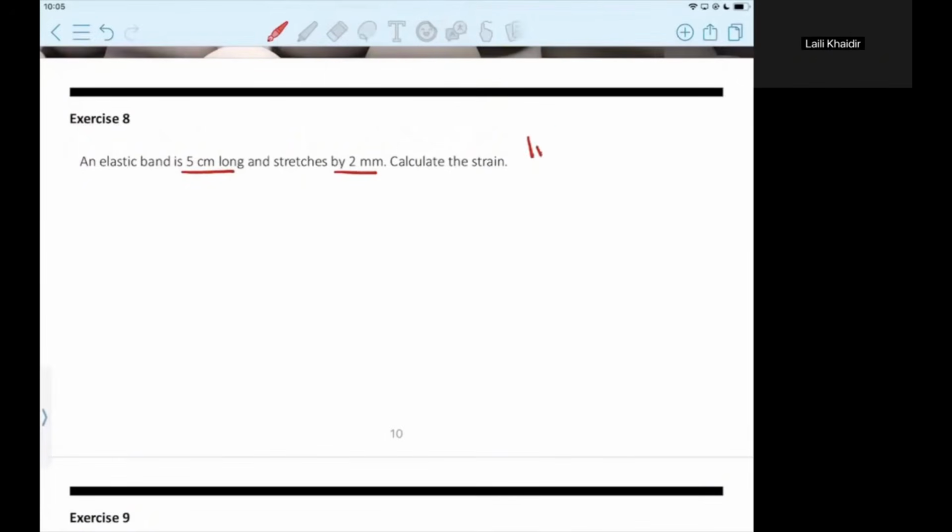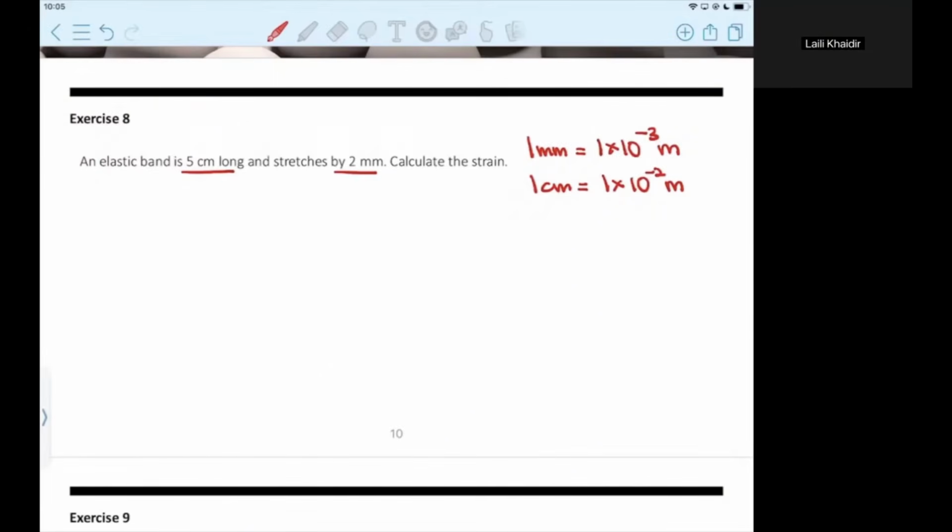So 1 millimeter, we know that is equivalent to 1 times 10 to the power of negative 3 meter. And 1 centimeter is equivalent to 1 times 10 to the power of negative 2 meter. So once you do your conversion, it's easier for you to substitute into the equation.